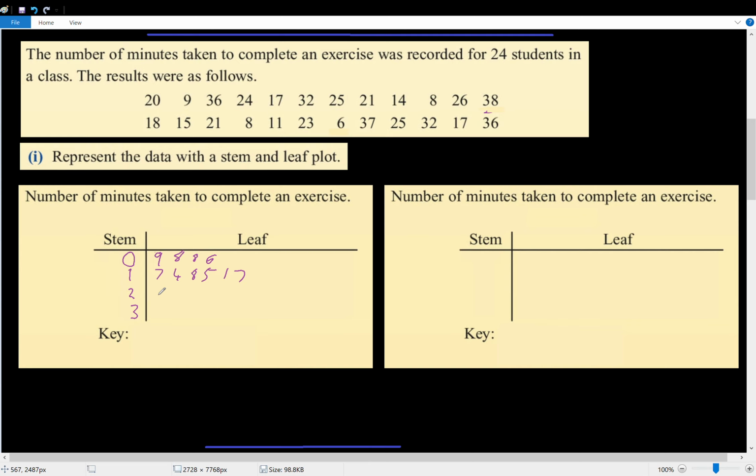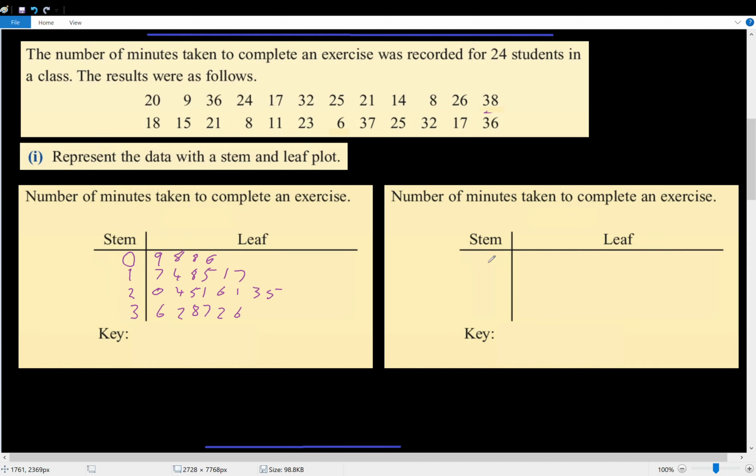For the 2s, we're going to have a 0, and then 4, 5, 1, 6, 1, 3, 5. And then for the 3s, we've got 6, 2, 8, 7, 2, 6. Like that, just reading them off that diagram.